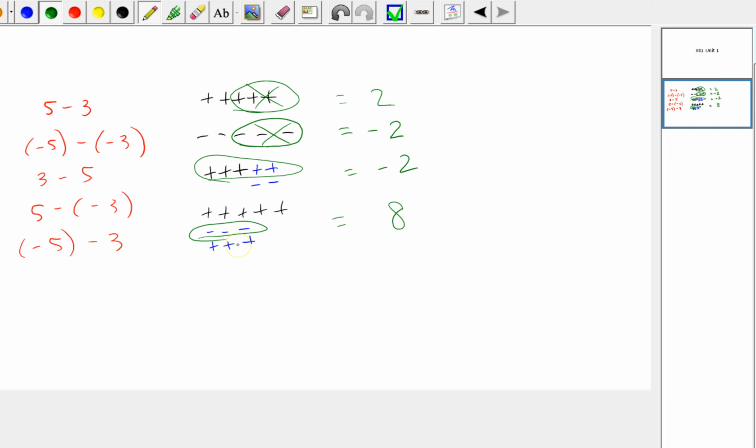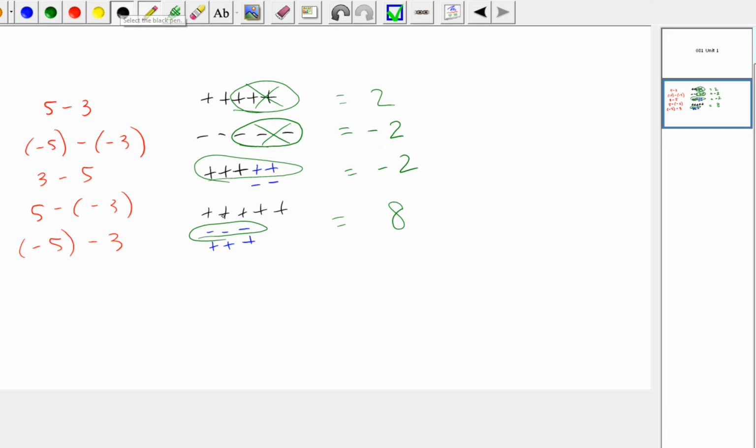One thing to note, when you start adding the positive negative pairs, you've probably seen students do this in other parts of mathematics. They tend to write them and then they simplify them and cancel them all out, forgetting the purpose of why they're adding the chips to begin with, and get back to where they started. So they start thinking of combining again as opposed to this takeaway method. So you want to remind them they're taking away.